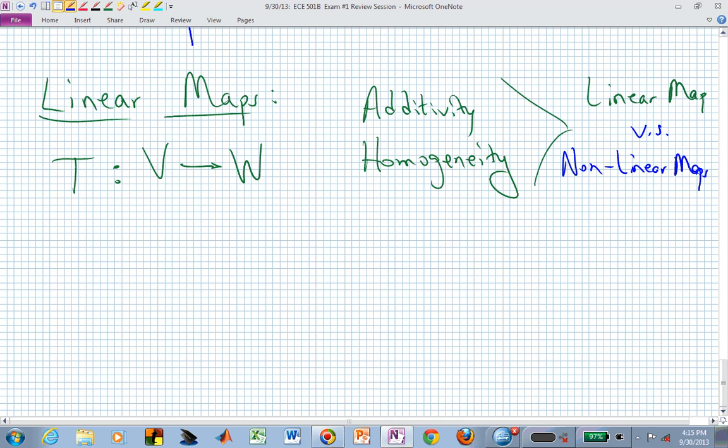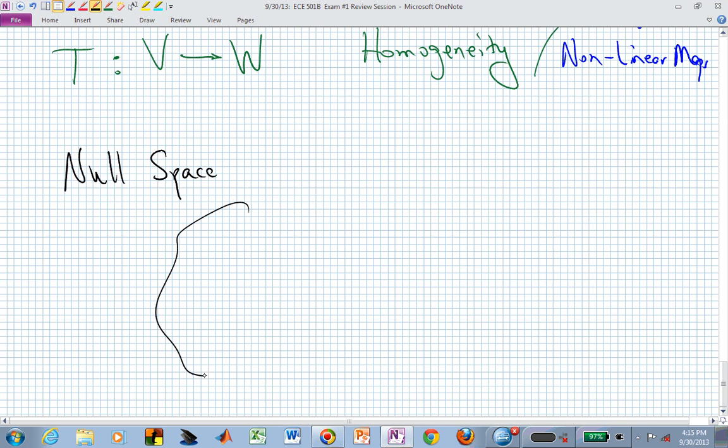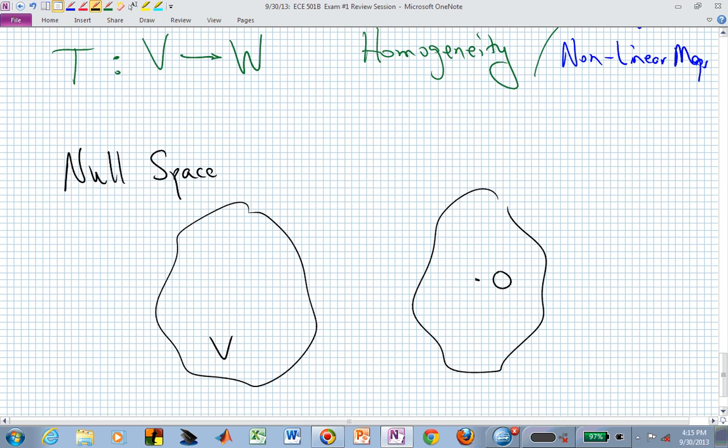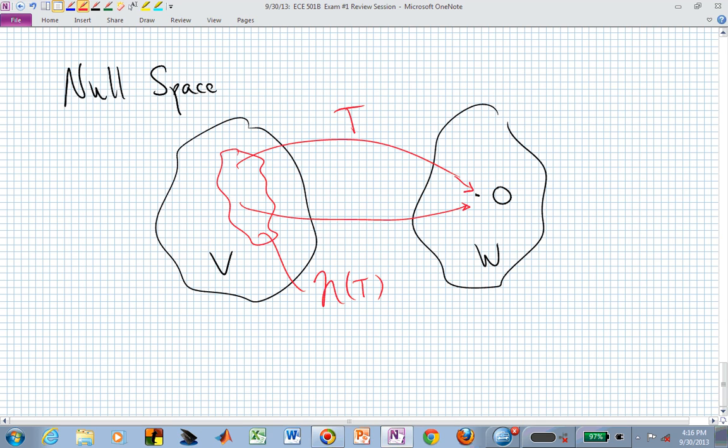Once we start playing with linear maps, one of the first concepts that we learned about was what are the vectors in the input space, let's say V, that actually might map into the zero vector in the output space, meaning there might actually be a non-trivial subspace in the input space V where vectors live, that any vector in that particular subspace gets mapped into the zero vector in the output space.